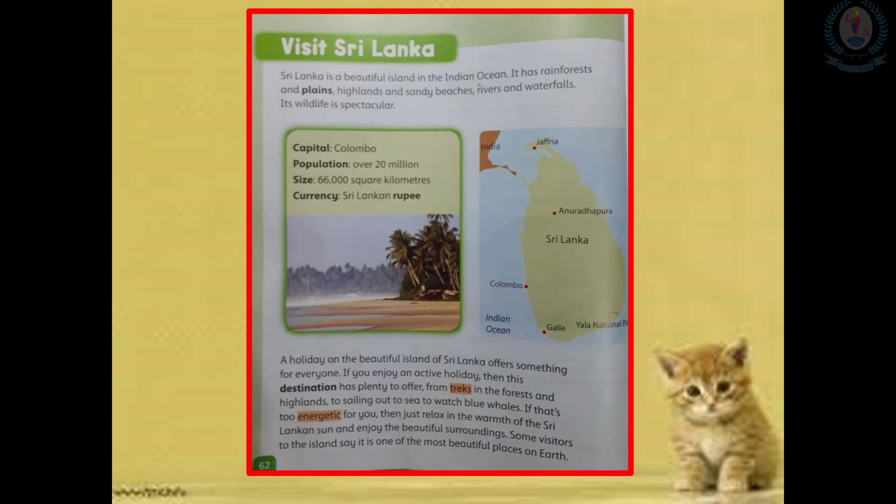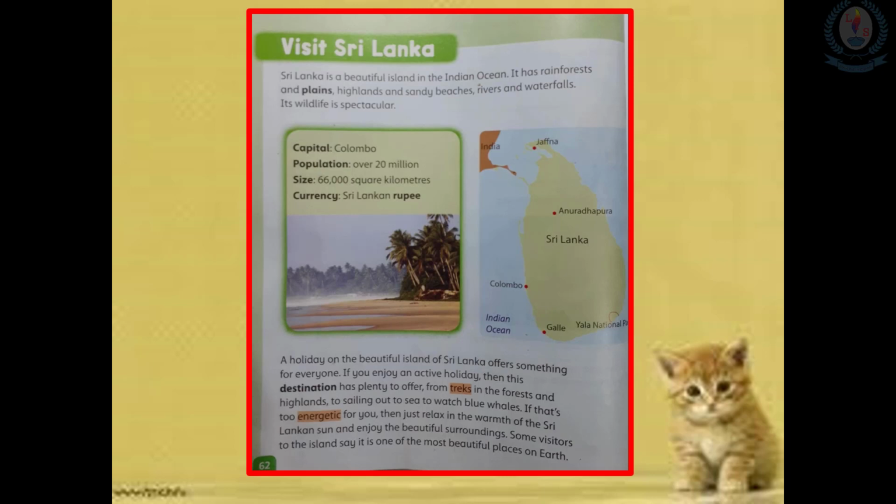After that, you can see there are 2 pictures. One is our Sri Lankan map, and the places mentioned are some places related to tourist destinations. And also one picture is a picture of a beach. And also they mention a capital, population, size and currency. Why do we need these things?